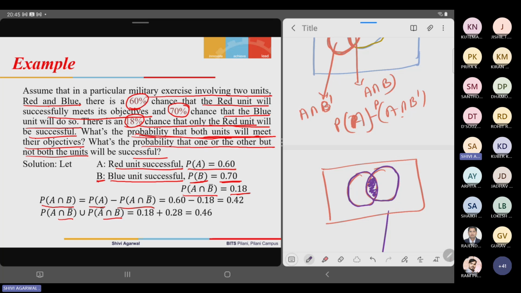So this is A intersection B complement and this is A complement intersection B. The probability of A intersection B complement union A complement intersection B is 0.18 plus 0.28, which equals 0.46.